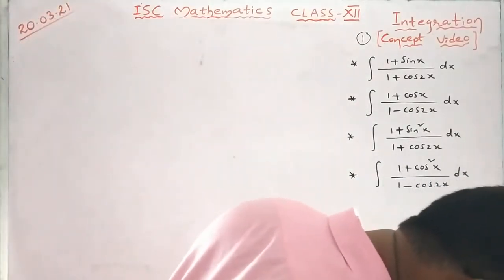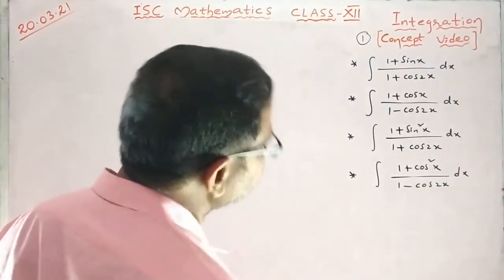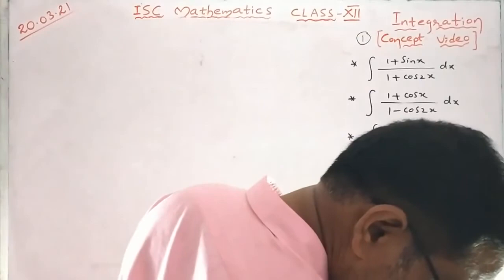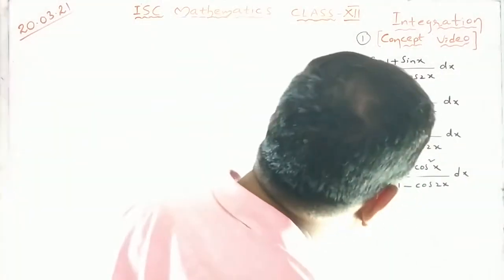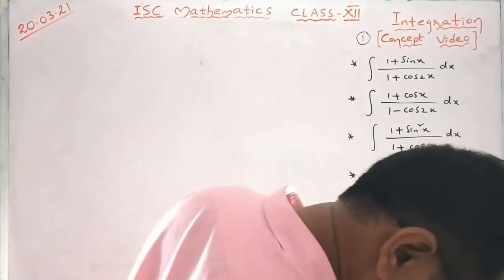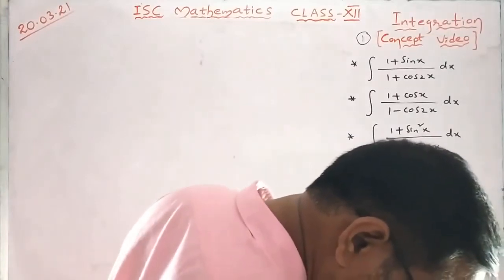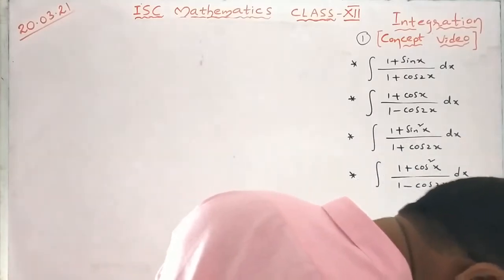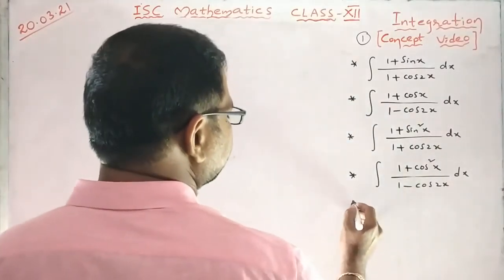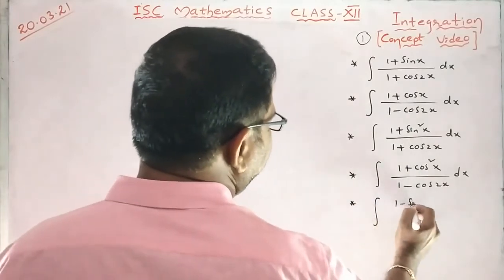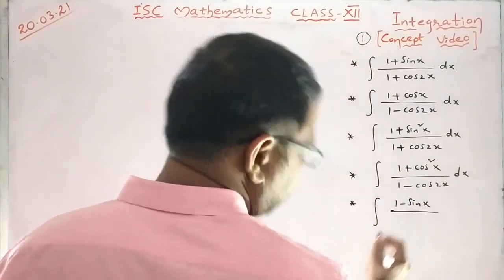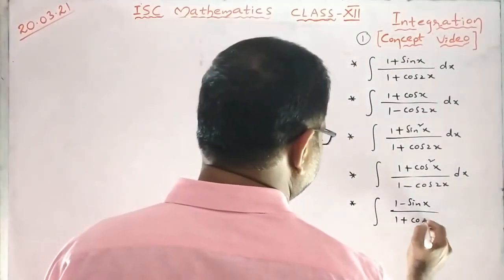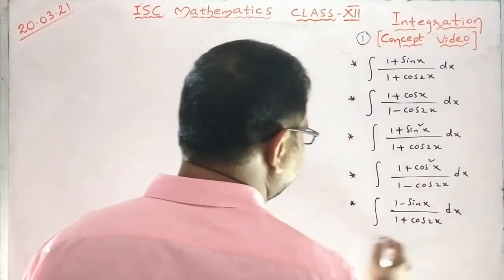Next, 1 minus sin x by 1 plus cos 2x. Okay.